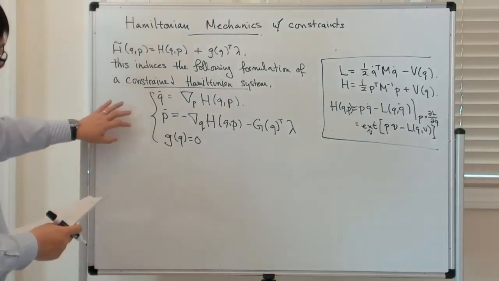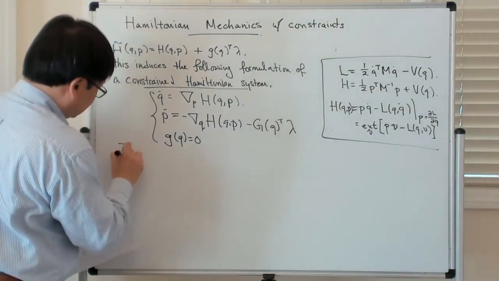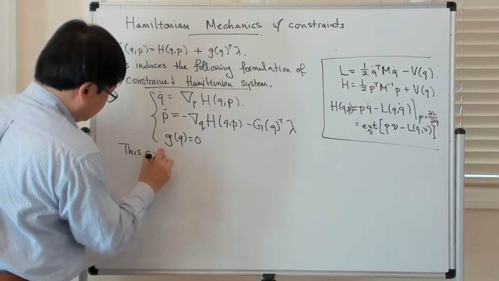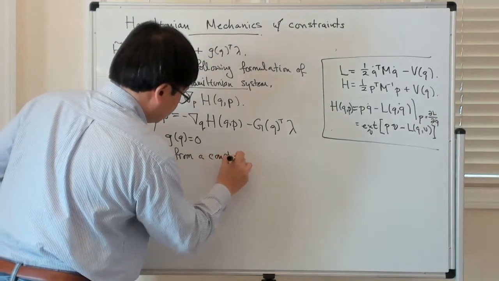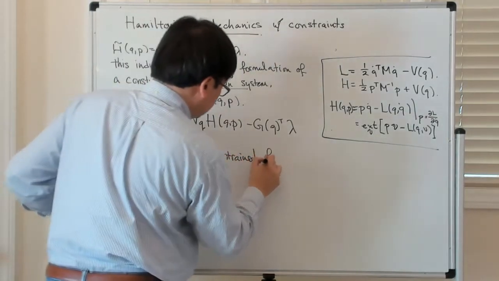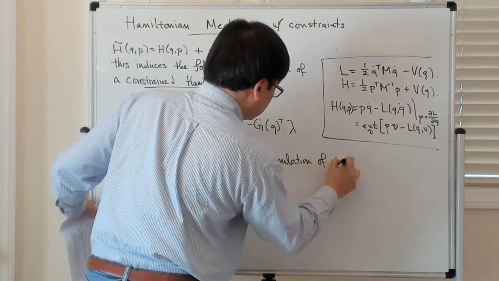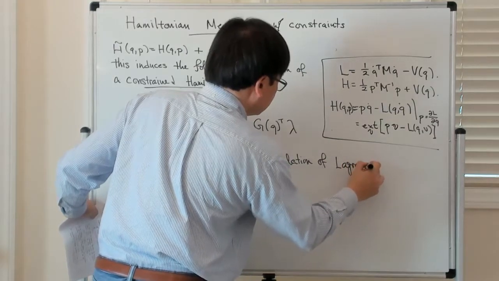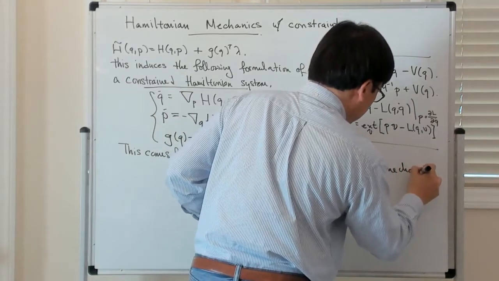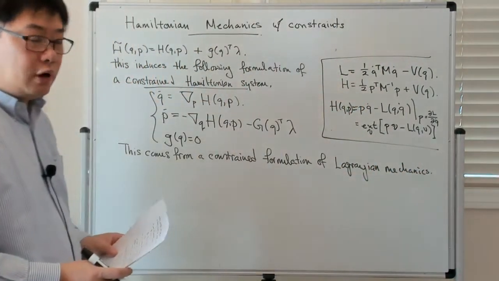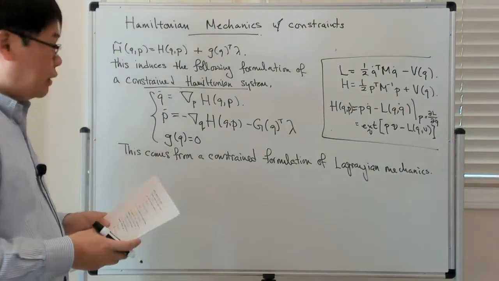And of course, as I said, this comes from a constraint formulation of Lagrangian mechanics. Or if you prefer, it also comes from Hamilton's phase-space principle, which is, of course, a variational way of thinking about Hamiltonian mechanics.